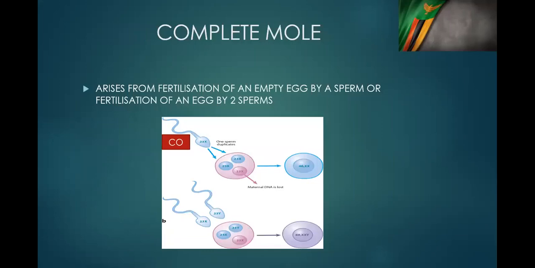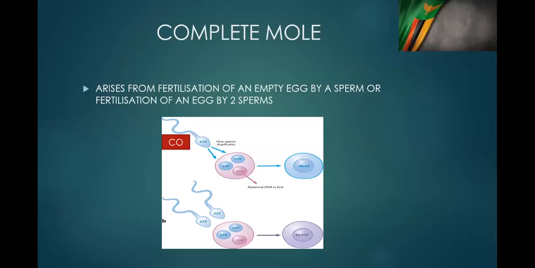When we talk about a complete mole, you need to remember that we are talking about something bad, really. You have a sperm that fertilizes an empty ovum, or the ovum has genetic material there, but the genetic material is not active.